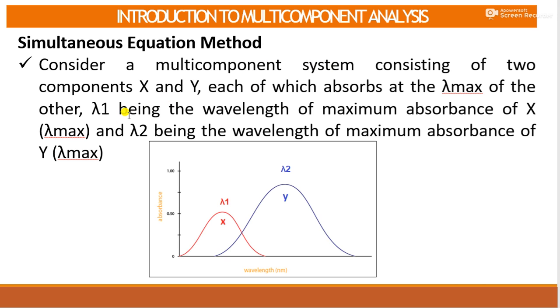If lambda 1 is the lambda max of x and lambda 2 is the lambda max of y, here in this spectrum we have taken x and y. Lambda 1 corresponds to lambda max of x and lambda 2 corresponds to lambda max of y.